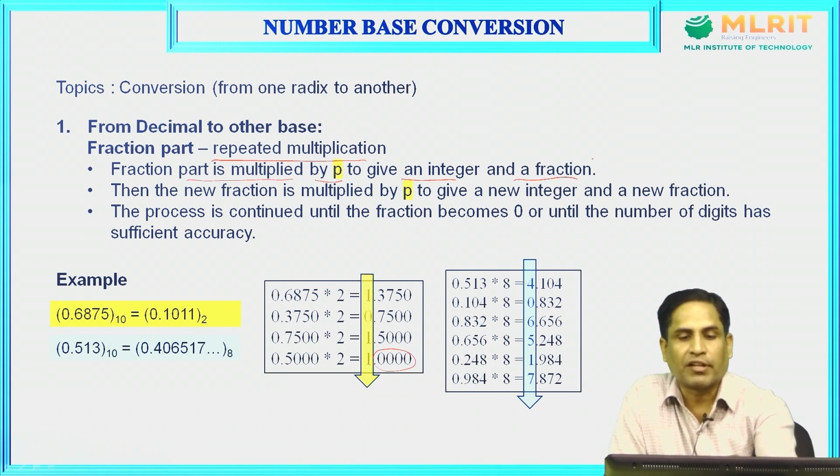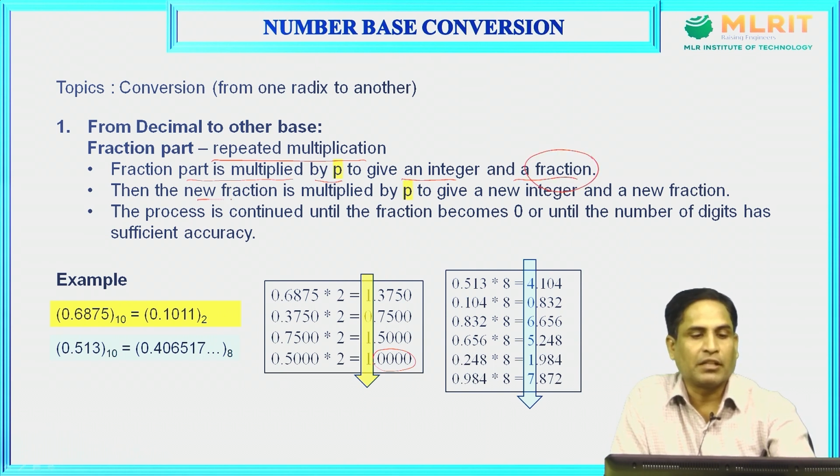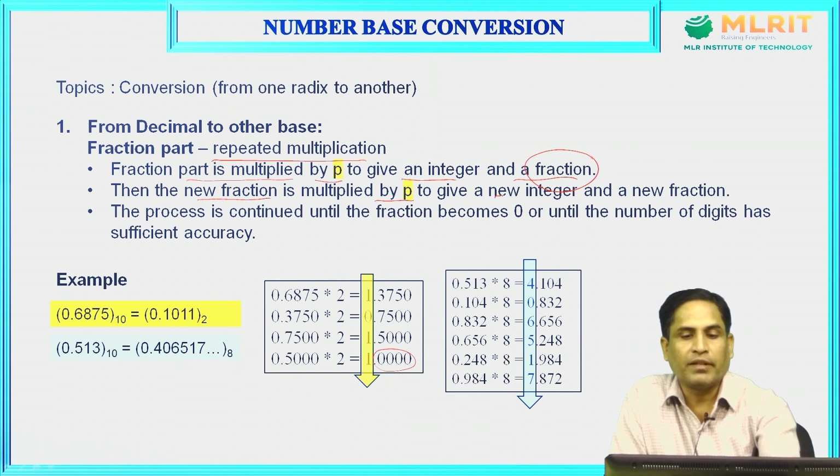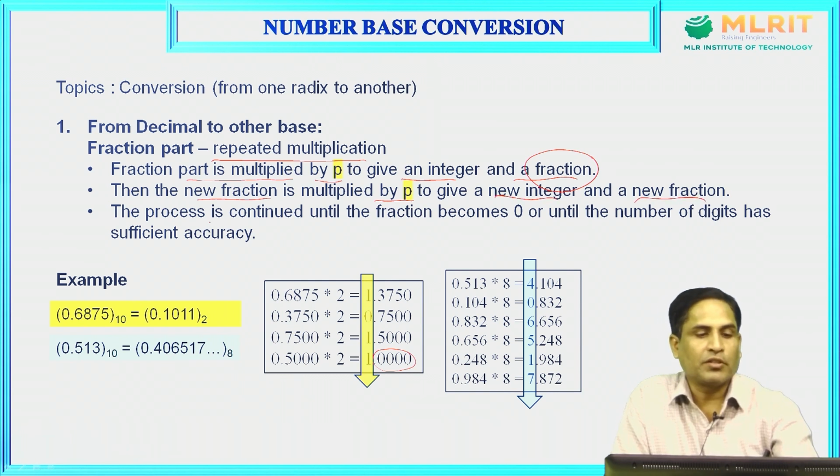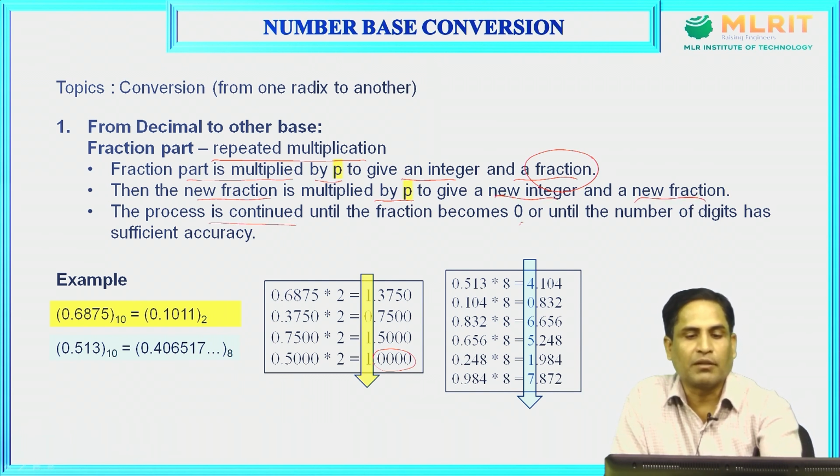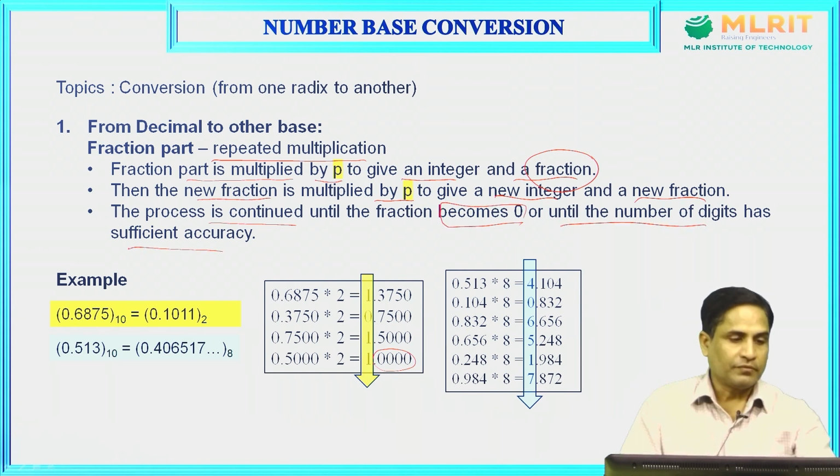Again the same fraction is multiplied by p to give a new integer and a new fraction. This process is continued until the fraction becomes 0 or until the number of digits has sufficient accuracy. We will learn using these examples.